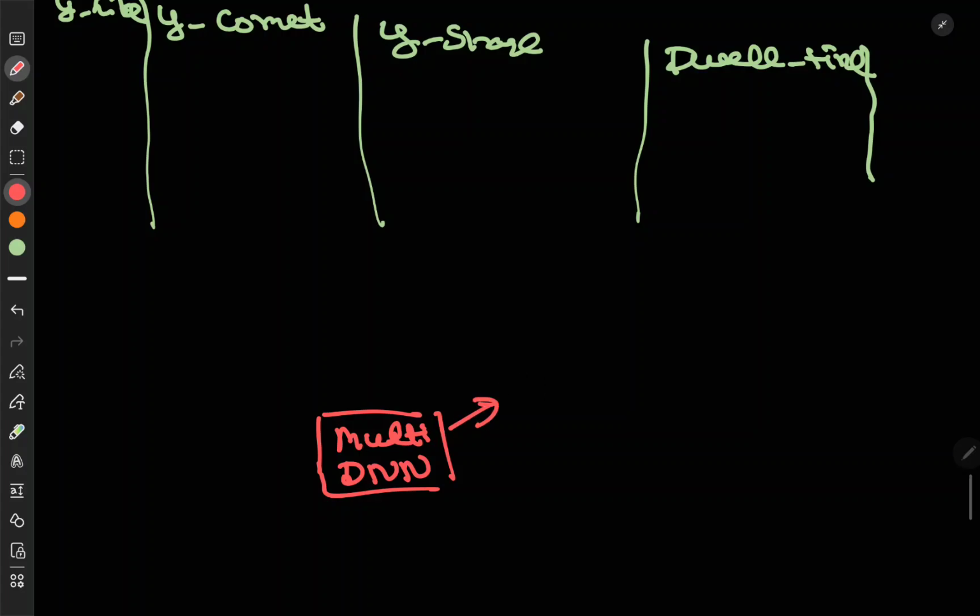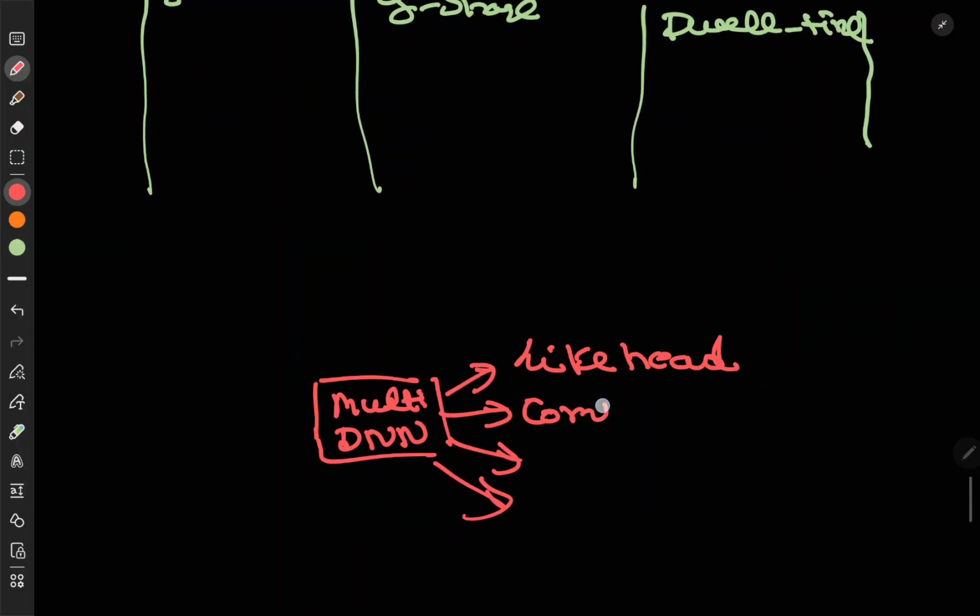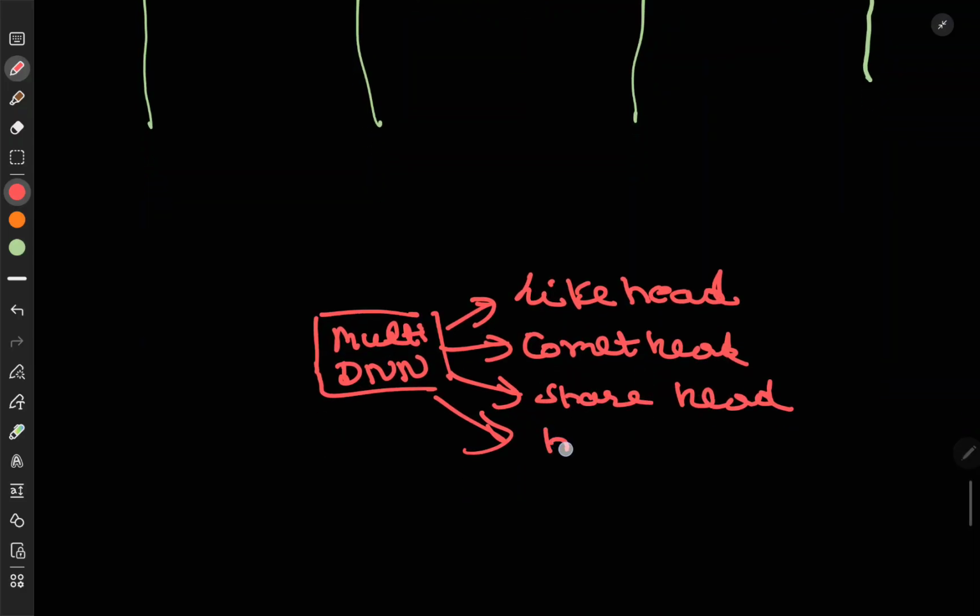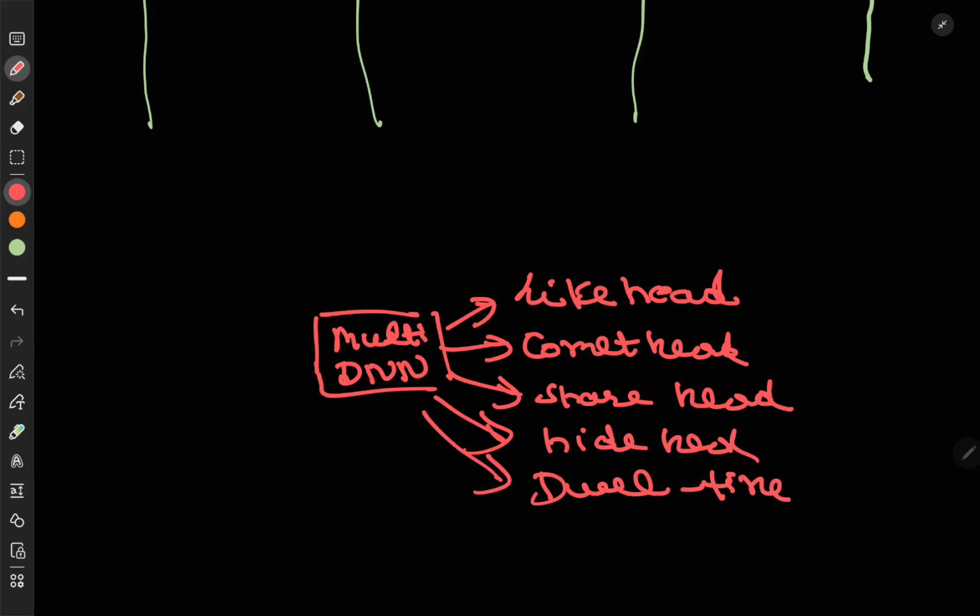Then we have multiple heads predicting multiple things: a head predicting the like probability, then a comment head, share head, hide head, and then something like dwell time.